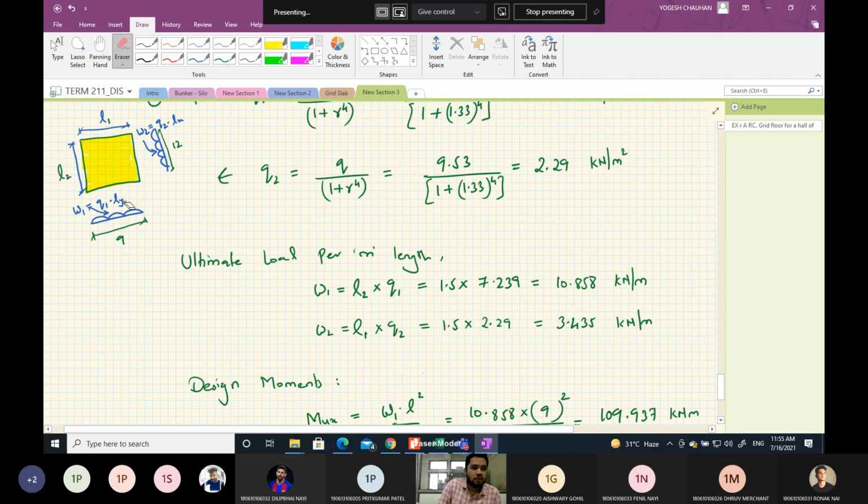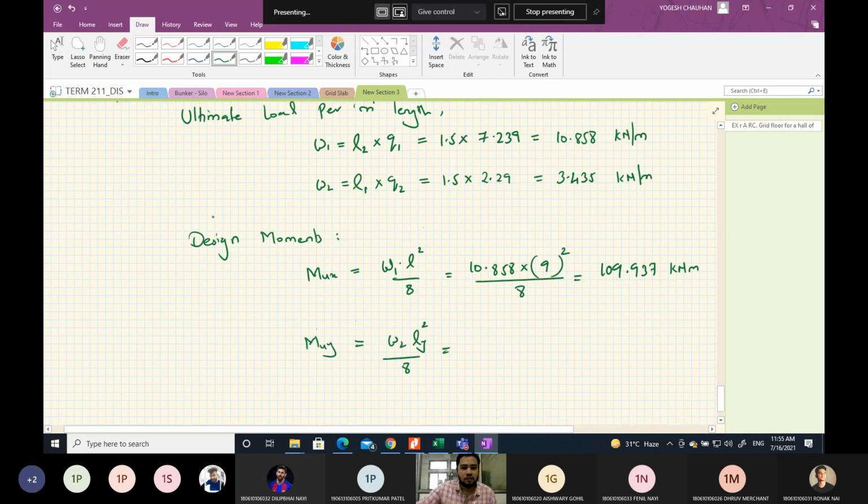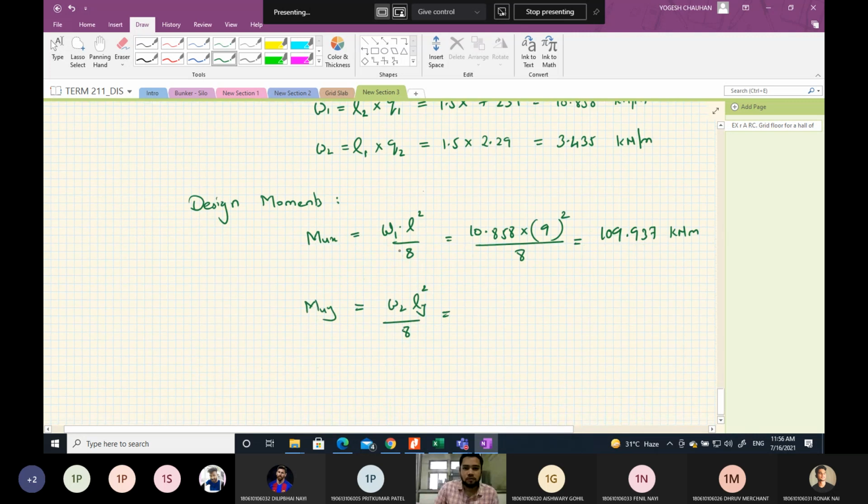So you multiply this with L2, this multiply with L1. So don't get confused. This is L1, L2, Q1, Q2, and here it will be Lx, and this will be Ly, where Lx and Ly are the total span length. So this will be Lx square and this will be Ly square.